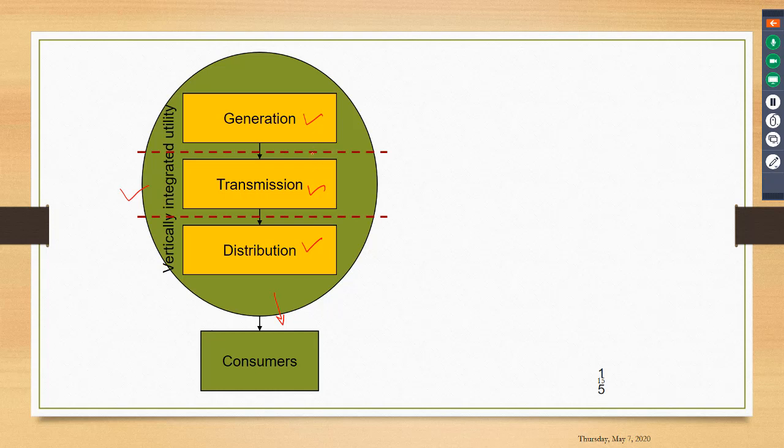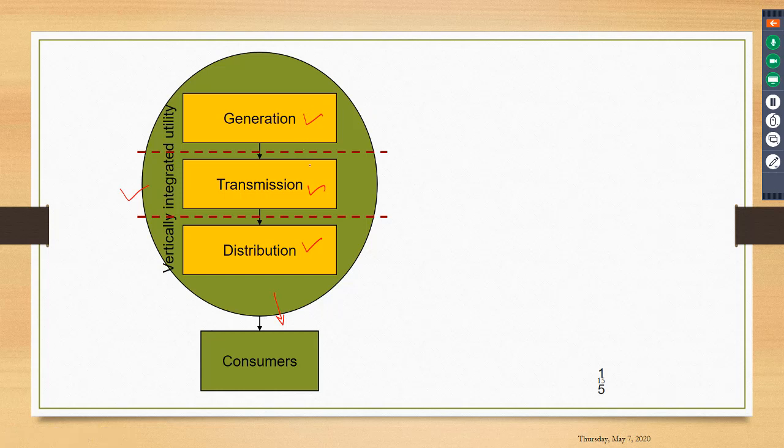Gradually, because of vertical or horizontal disintegration, you can say, generation, transmission, and distribution were segregated. In case of India, in fact, these three entities were with the NTPC, and gradually it was disintegrated.